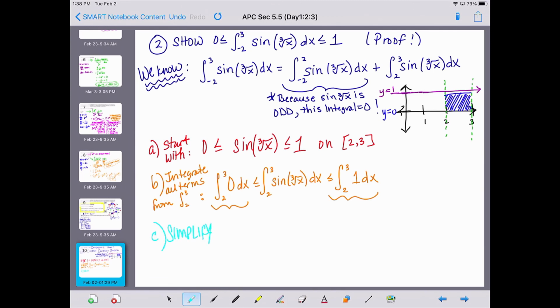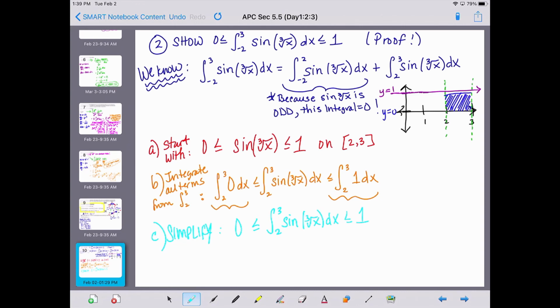So when I simplify, I get 0 is less than or equal to the integral from 2 to 3 of sine of the cube root of x dx, which is less than or equal to, and the value of that integral is 1.